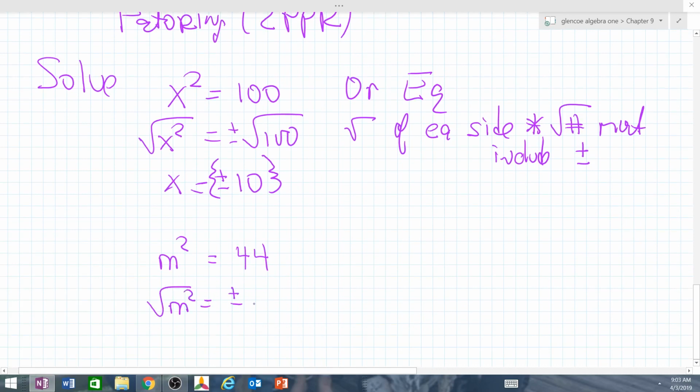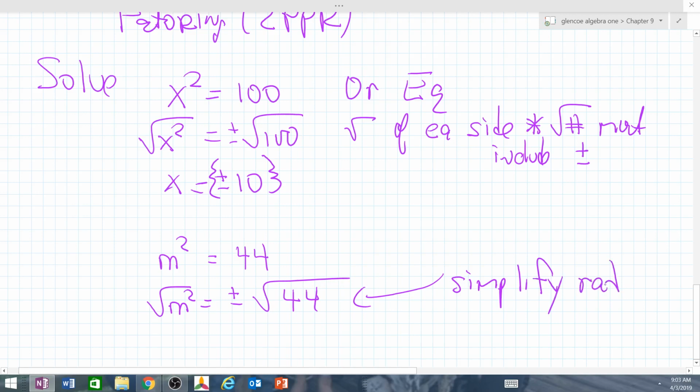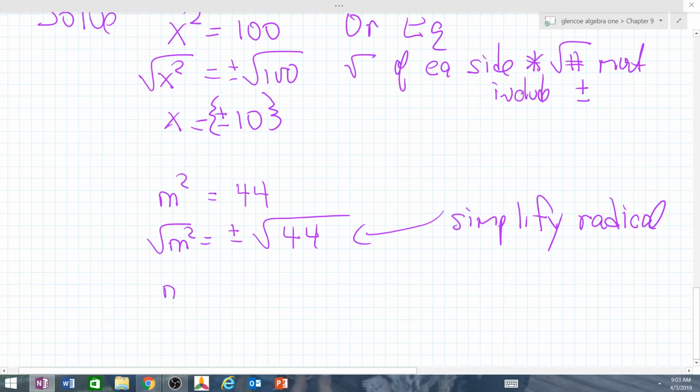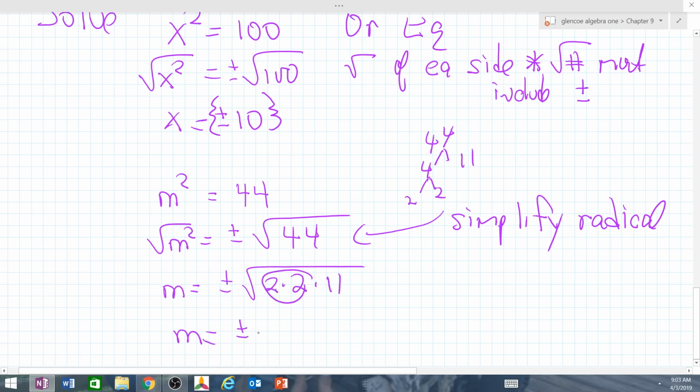We're going to take plus and minus the square root of 44, and we're going to remember that we must simplify the radical. Simplify the radical. So this is going to become m equals plus and minus the square root of 44, which breaks down to 4 times 11, and 4 breaks down to 2 times 2. So this would be m equals plus and minus 2 radical 11.